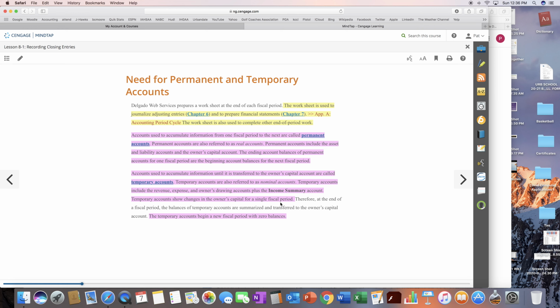When we begin the new fiscal period, we want all these temporary accounts to have zero balances. And that's what we'll do when we do closing entries. We will take sales, all the expenses, drawing, and income summary, and get them to zero. Because all temporary accounts need to start the next fiscal period with zero.